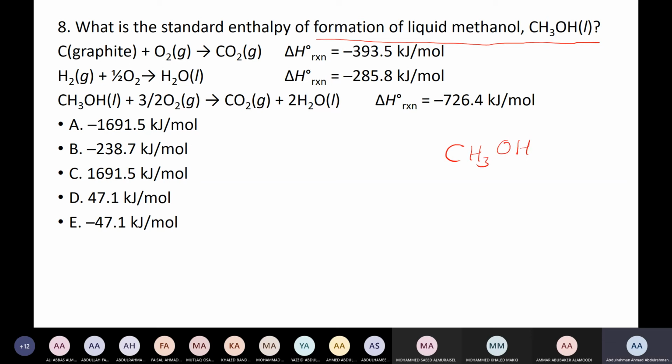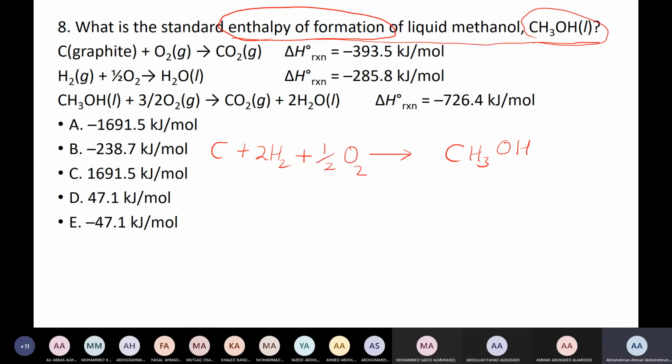I want the equation to represent the enthalpy of formation: C plus 2H2 plus half O2 to give me one like this.